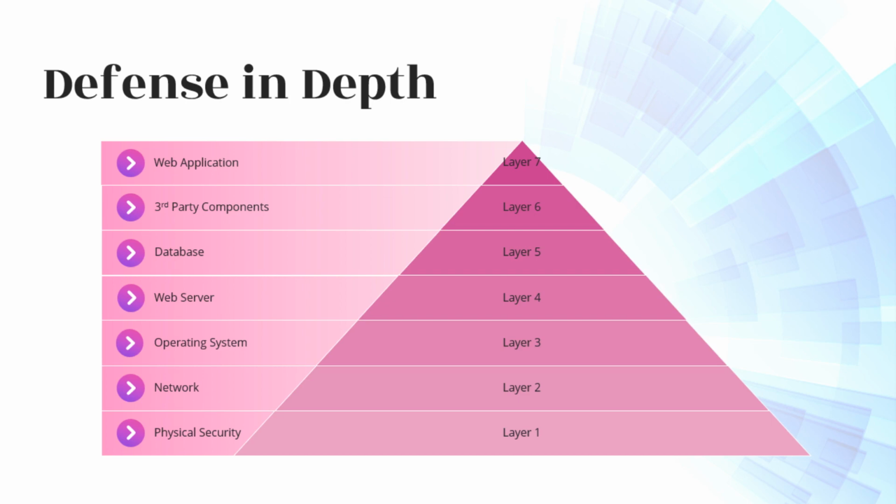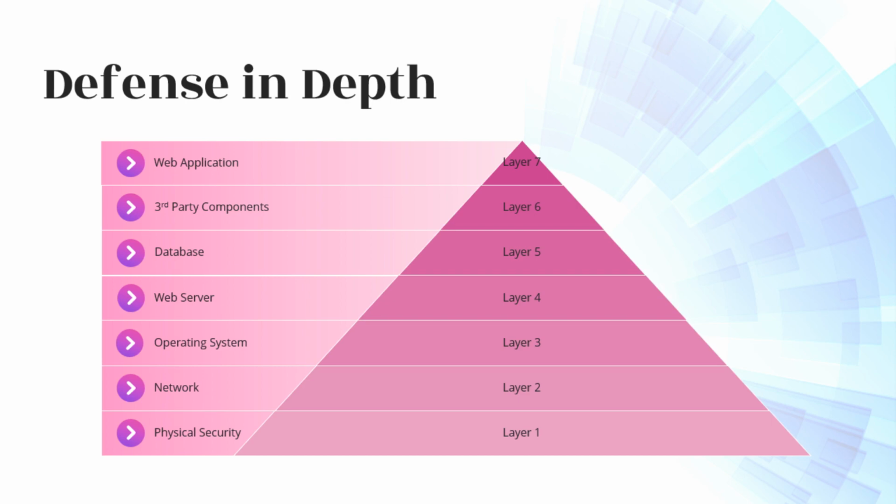What I mean by a layered approach is that if you remember the components that we talked about earlier when we described how a web application works, in order to protect that web application, which sits on top of those layers, I need to make sure that I am protecting each and every layer of my stack.